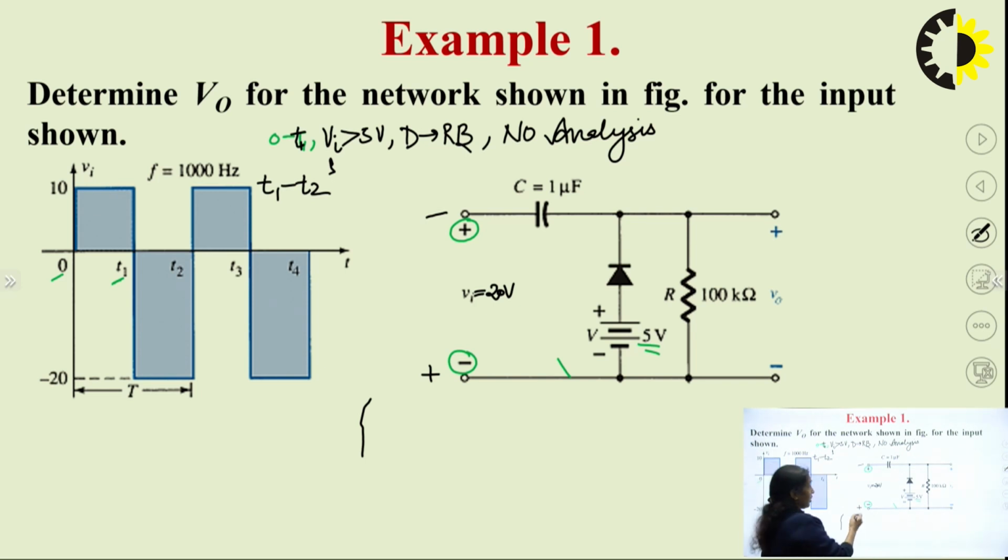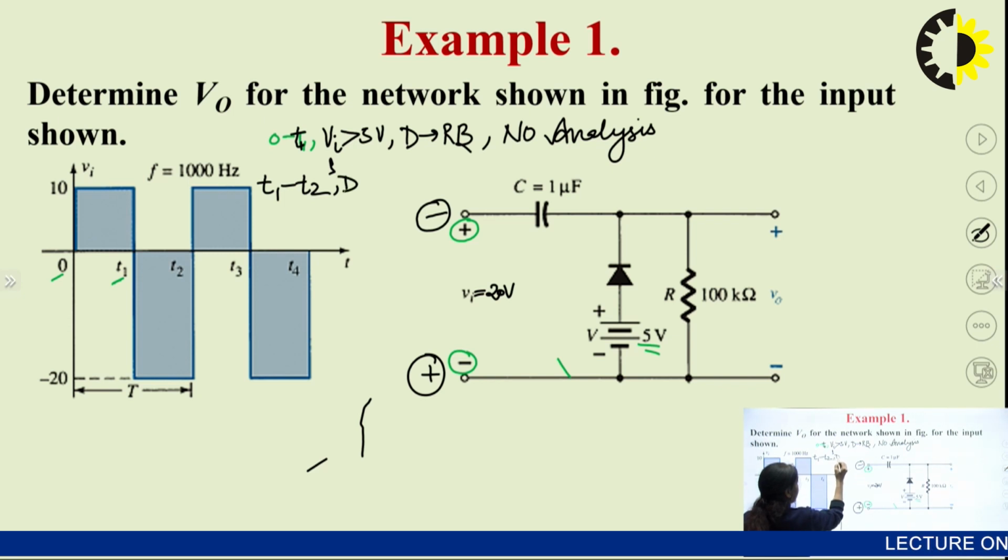Because here you are applying the negative to the cathode of the diode, and also the positive to the anode of the diode through this battery, this will make your diode forward biased. So the diode is in a forward bias state.